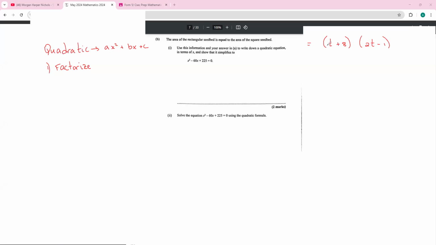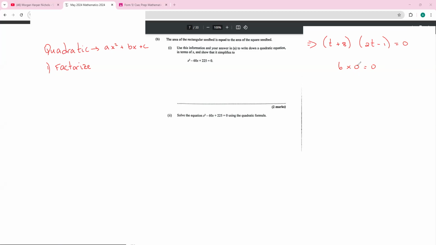Anytime you are asked to solve after you factorize, you put it equal to 0. Anytime you multiply by 0, we know our answer is 0.